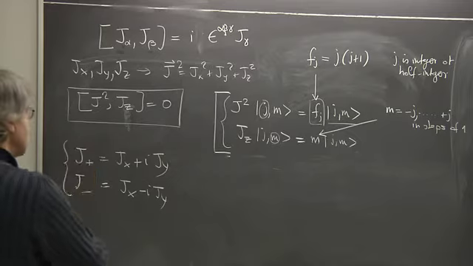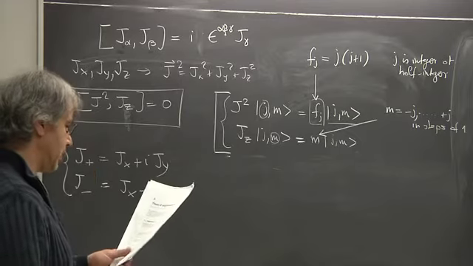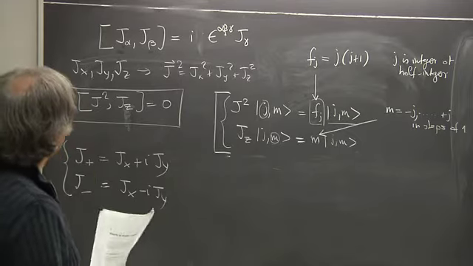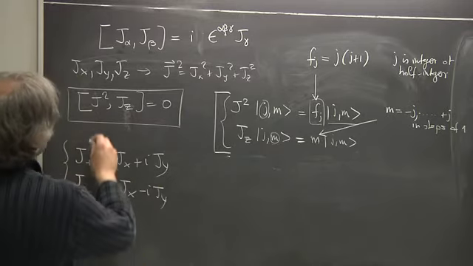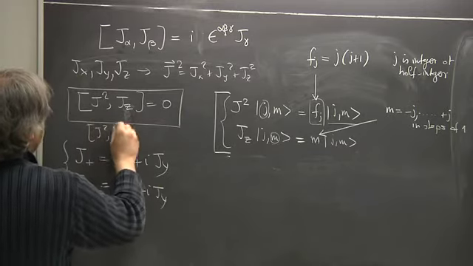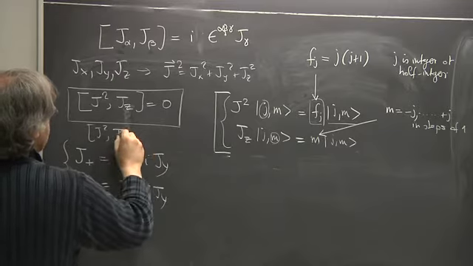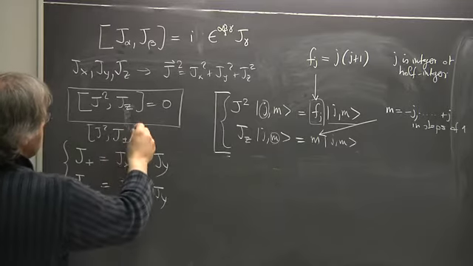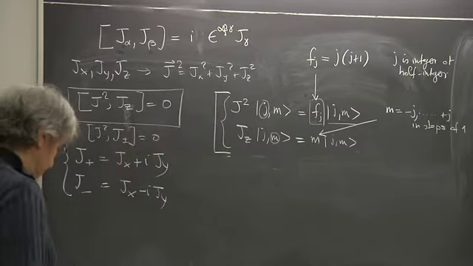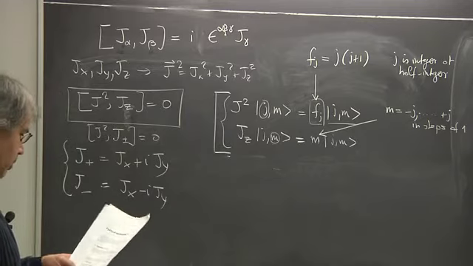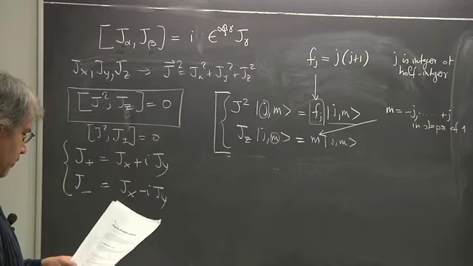Now, these two operators are very useful for a very simple reason. Well, first of all, obviously they commute with j square. That is obvious, right? Because jx and jy both commute, and therefore even their sum. But the more important property is the following.